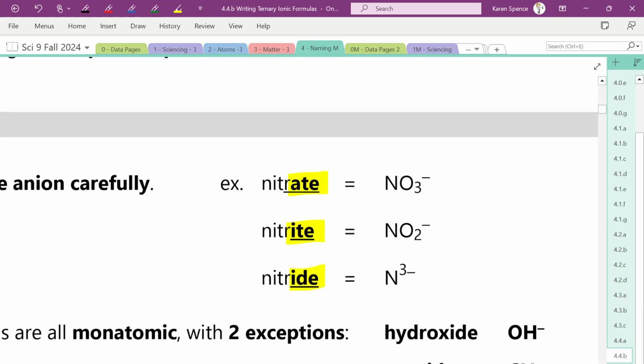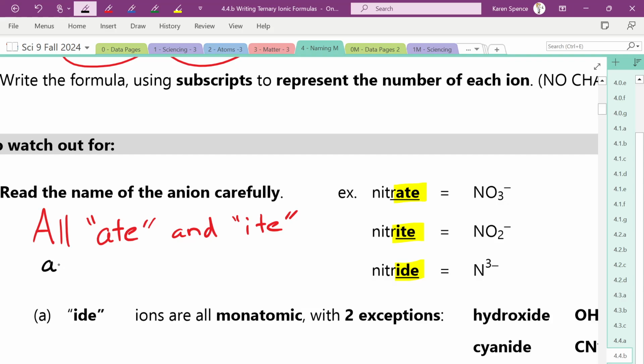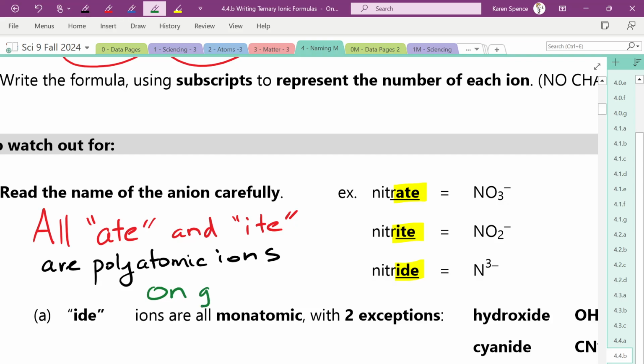And one thing that is really good to know is that all ates and ites are on your green sheet. All ates and ites are polyatomic ions, so they're on the green sheet.